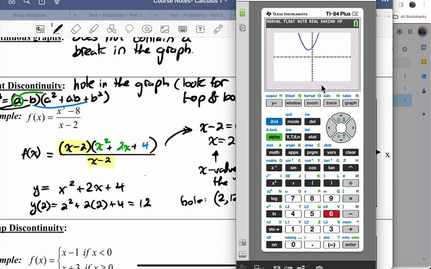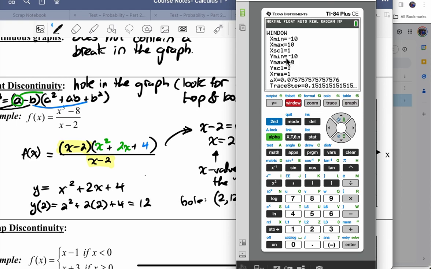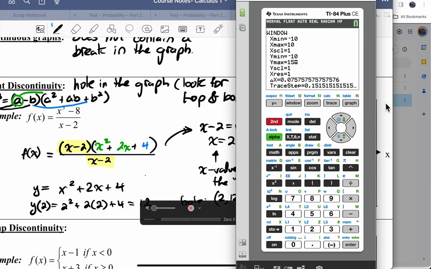I would just go to window. Yeah, so in window, I'm going to go to Y max. I'm just going to make it something reasonably bigger than 10. Now, the fact that we already know that it's 12, I can kind of tailor that into the conversation. Also, let's say we didn't know that.